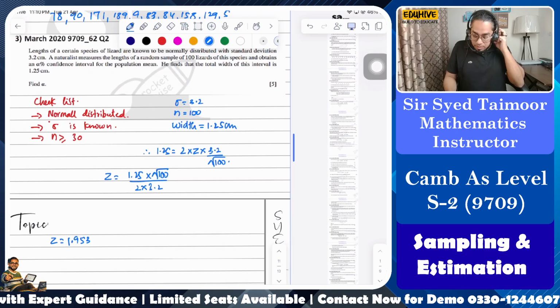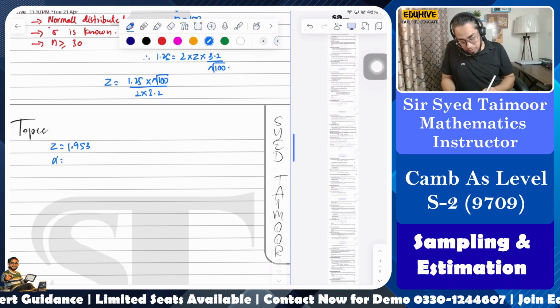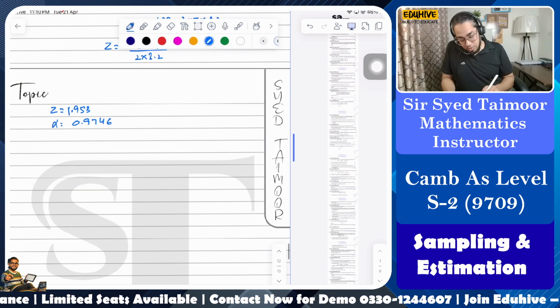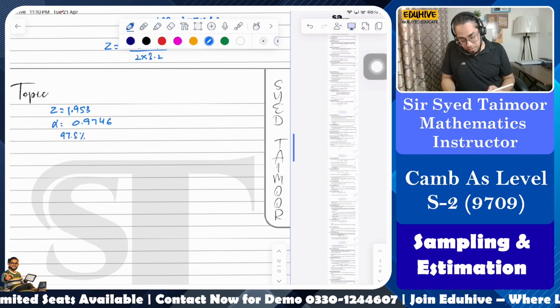The probability is 0.9746. So alpha will be 0.9746, so it means it should be a 97.5% confidence interval.